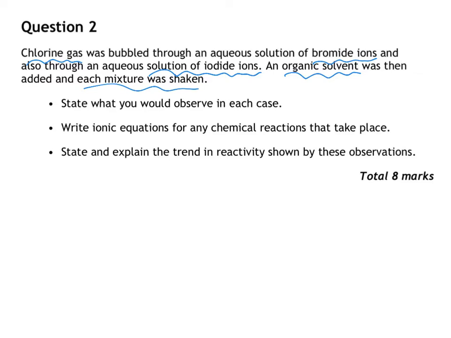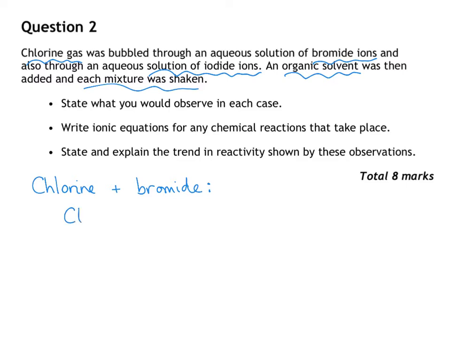So chlorine gas goes through a solution of bromide ions. What's happening there is chlorine is displacing bromine, and so we can separately answer the question for chlorine and bromide. I'm going to write the ionic equation, because writing the ionic equation helps me to see what's formed and therefore identify any colour changes.